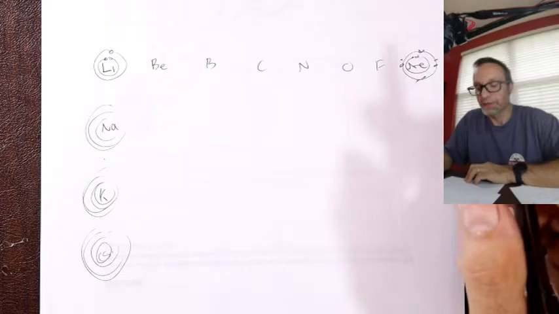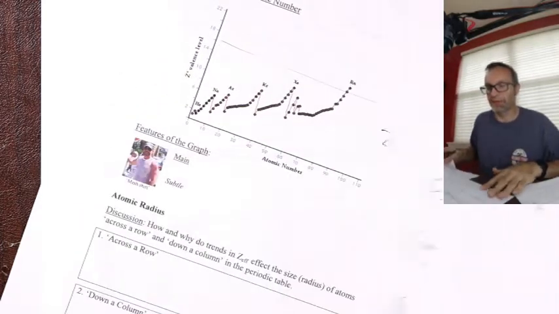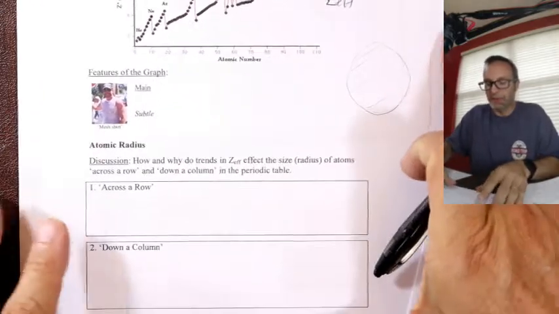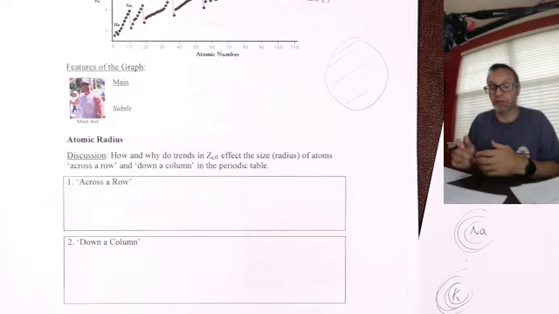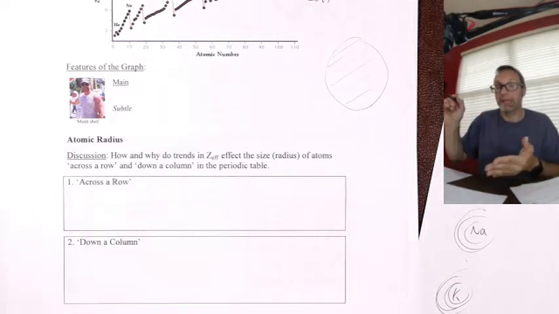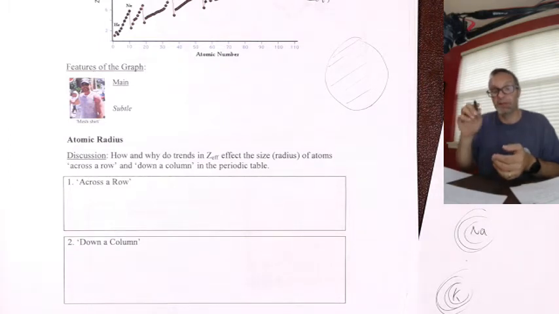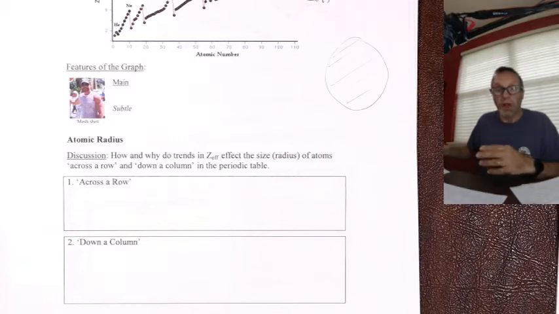So the question is this, putting this to the side for a second: how do trends in radius, or size of atoms, vary across a row and down a column? Then we combine those trends to make the diagonal, right? A diagonal is a combination of horizontal and vertical. So let's think common sense.